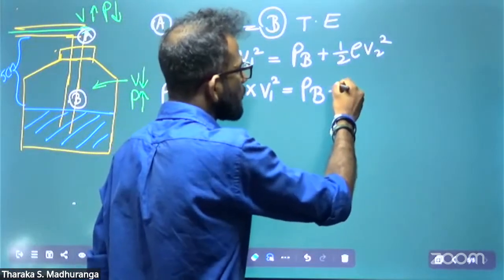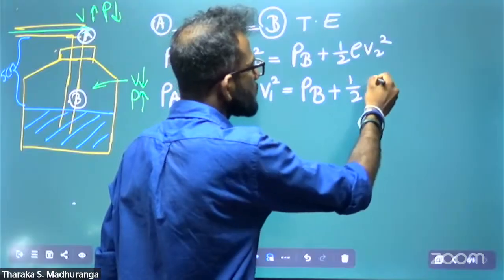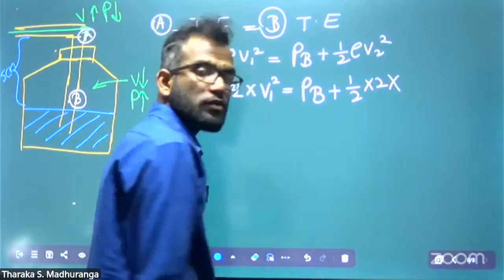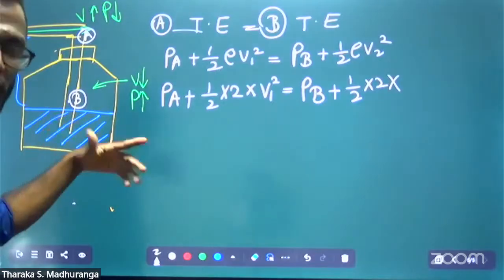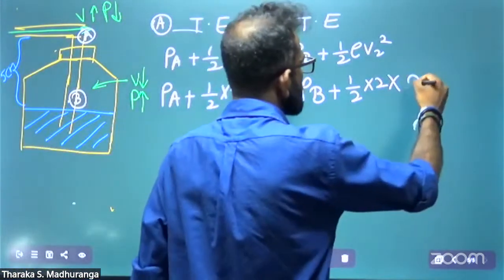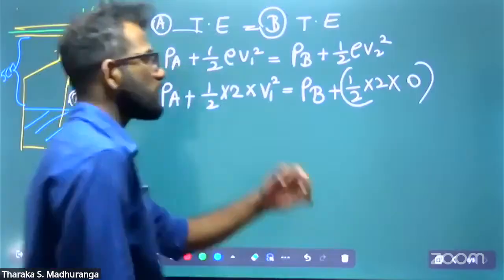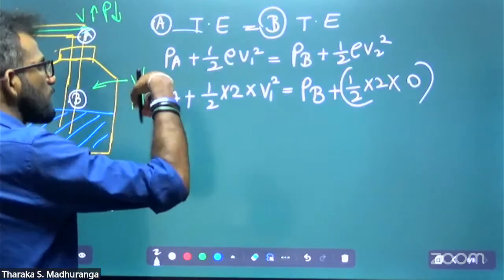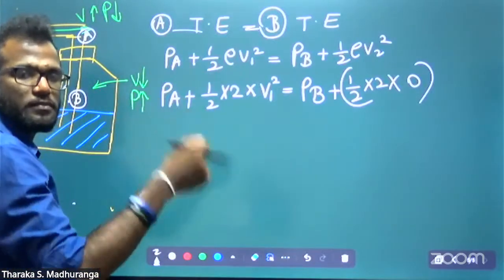PB we don't know. How about the air velocity inside the vessel? Inside, there is no air velocity, it is 0. It is a fully closed system.